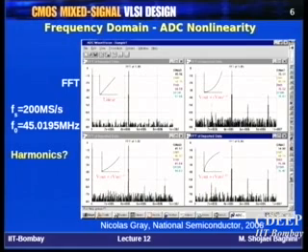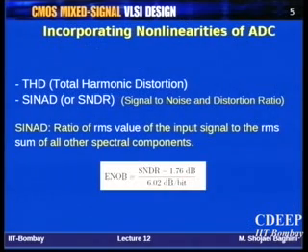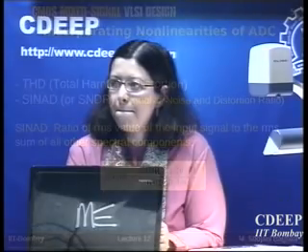Now, to give you an idea of nonlinearity in the frequency domain, before going to this, let me tell you one thing. Are all of you familiar with MATLAB? Good. It is good to start by simulating a simple ADC, for example a 3-bit or 4-bit ADC. You can use Simulink also, and get these characteristics to get a feeling of how you can simulate at a system level, not at a circuit level.